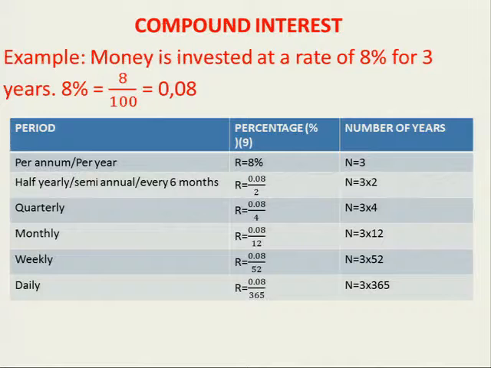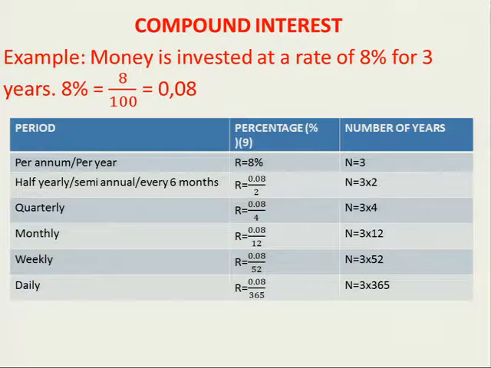Let's quickly look at this table. I want you to look at this table. Compound interest, I just gave an example there so that we see what happens to the percentage and what happens to the number of years. The example here we have money, and this money is invested at a rate of 8% for 3 years.